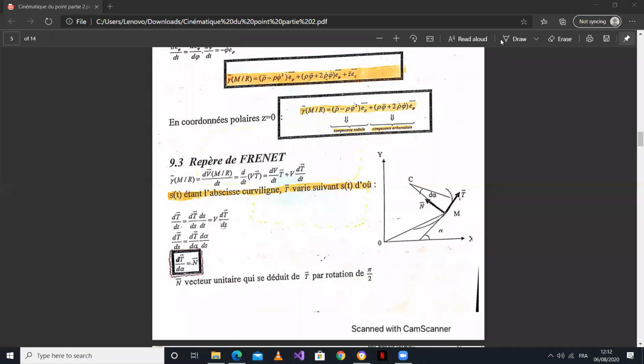So we are still doing calculations. As I told you yesterday, we're just deriving formulas and expressions for the velocities and accelerations. Yesterday I think we ended on the acceleration in cylindrical coordinates.